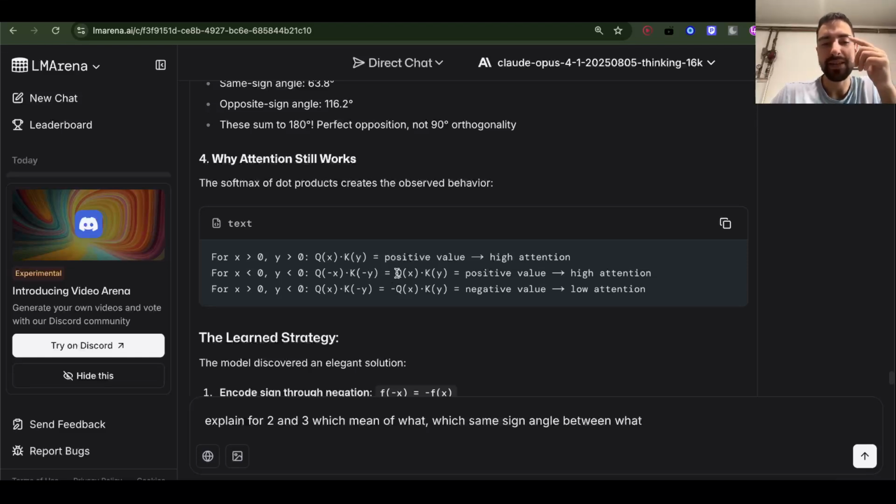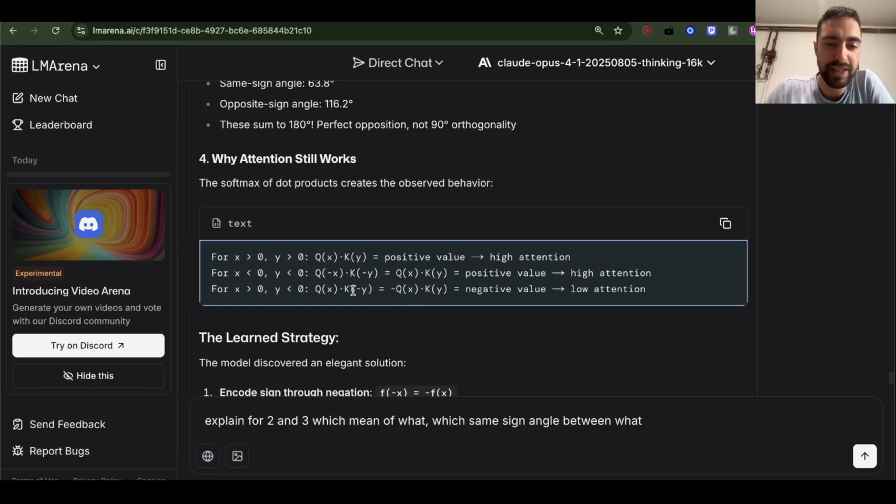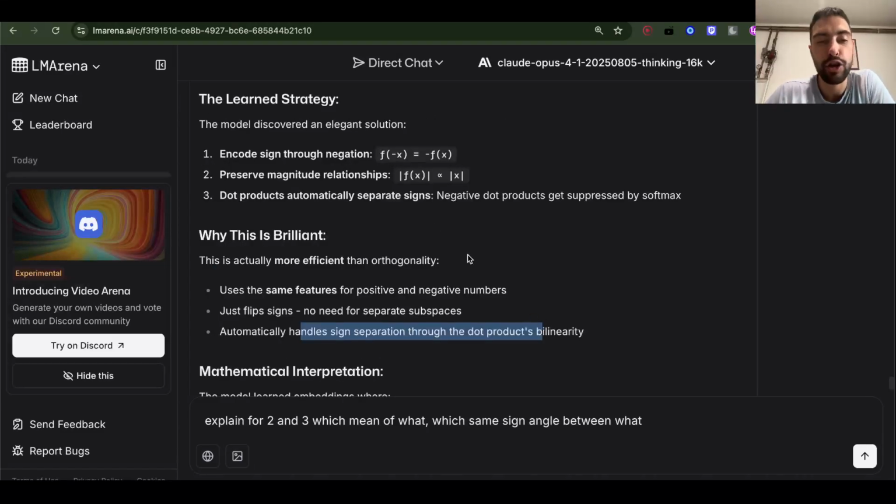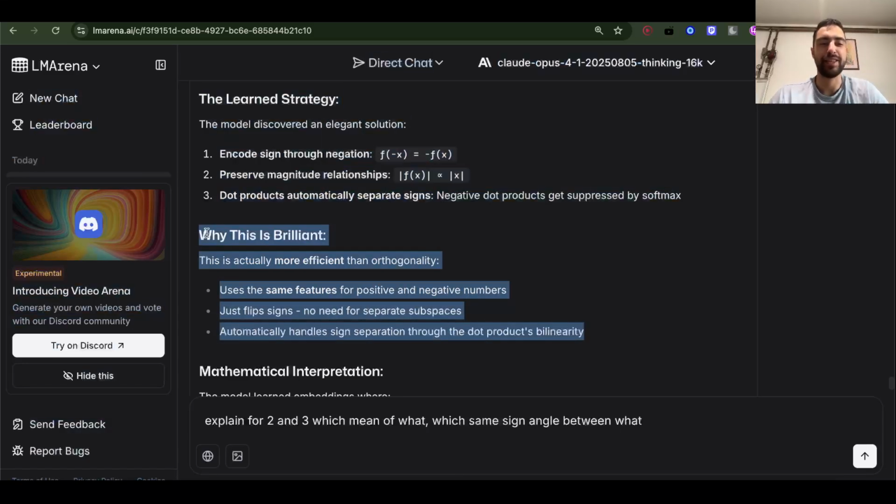It's the same as just doing it with two positive numbers, so high attention. And if we have a positive and a negative number, it's gonna calculate the dot product, but there will be a minus before it, so a negative value, so low attention. Now Claude Opus is talking as if this is a good thing, but maybe it forgot that the model failed with this. It's saying, oh, this is an efficient way to do it, blah, blah, blah.